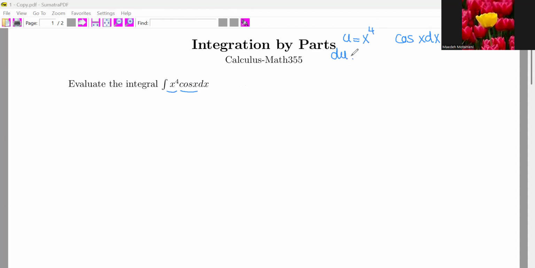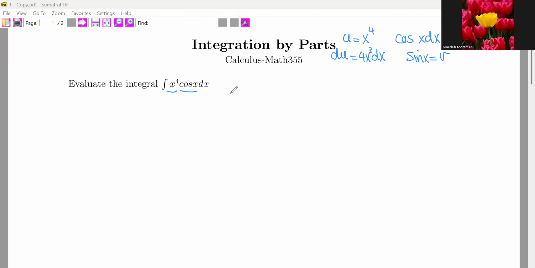So du will be 4x cubed dx, and the integral of cosine of x is sine of x, equals v. Maybe you would like to write it as the integral of cosine of x dx equals the integral of dv and then write the answer. That would be fine. But in here, we would write it as a summary.